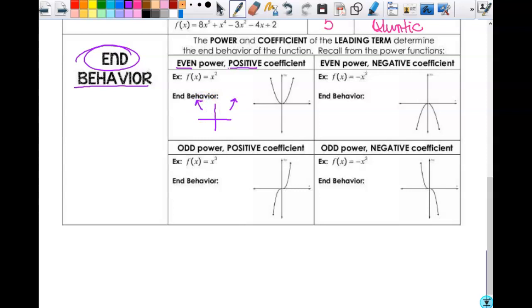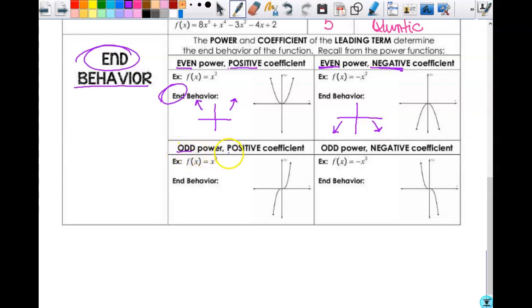That's what I need. The middle can be a hot mess of stuff, and we'll look at that in just a second. I'm talking end behavior. Because these are not just going to be power functions. If it's an even and it's a negative coefficient, it's going to open down. And so my end behavior would be down, down. No matter what's going on in the middle, it's down, down.